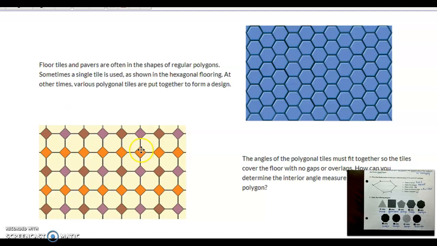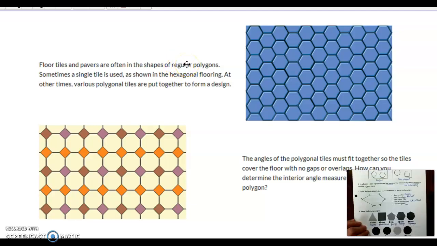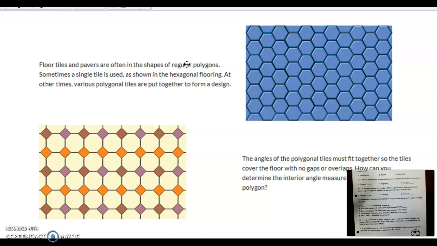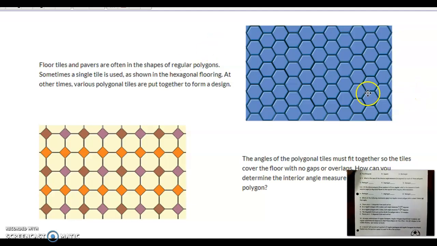All right, so floor tiles and pavers that you see in houses and outside patios maybe are often in the shapes of regular polygons. Remember, regular means all sides are congruent and all angles are congruent. So sometimes a single tile is used, like in this blue one here.